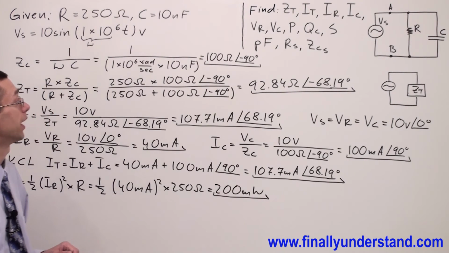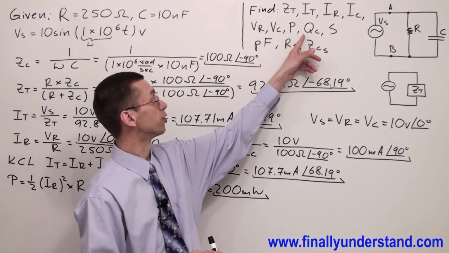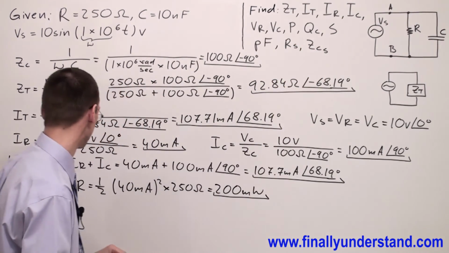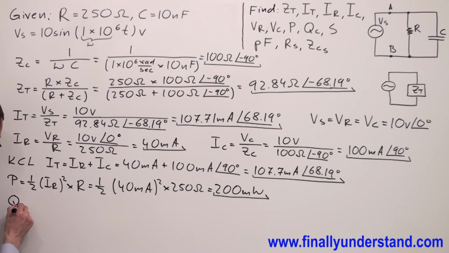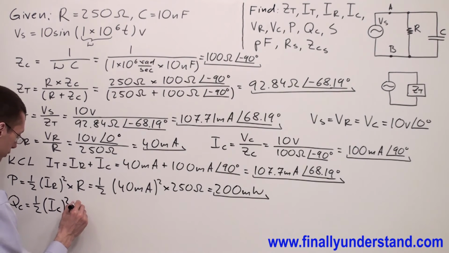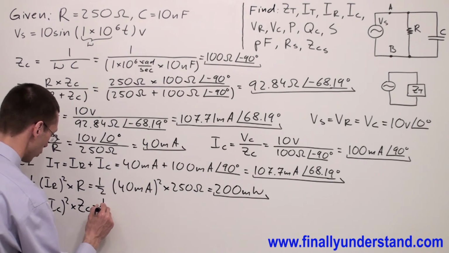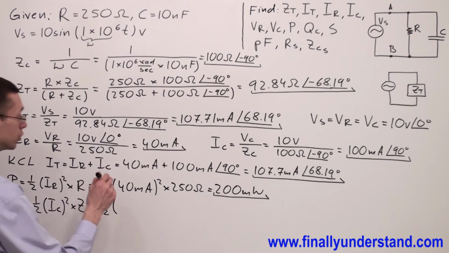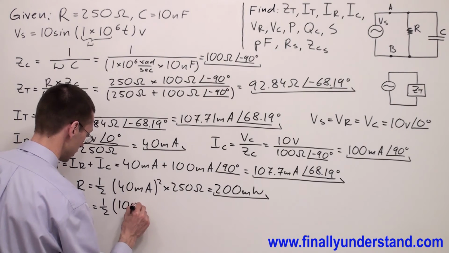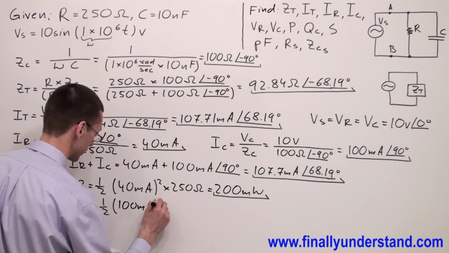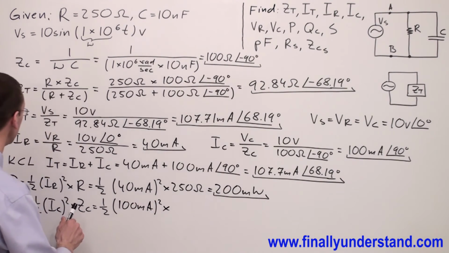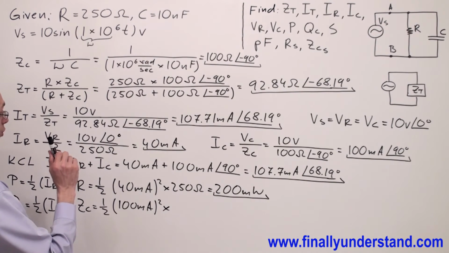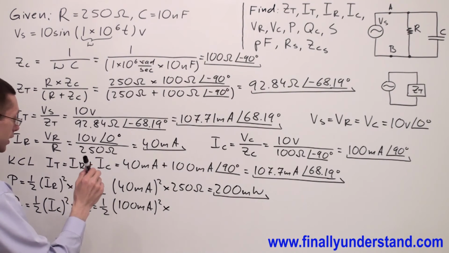Next, I'm supposed to find the reactive power, QC. So I have QC is equal to 1/2 IC squared times ZC, which is equal to 1/2, and the current which goes through the capacitor is equal to 100 milliamps to the second power times ZC, and we found that ZC is equal to 100 ohms.